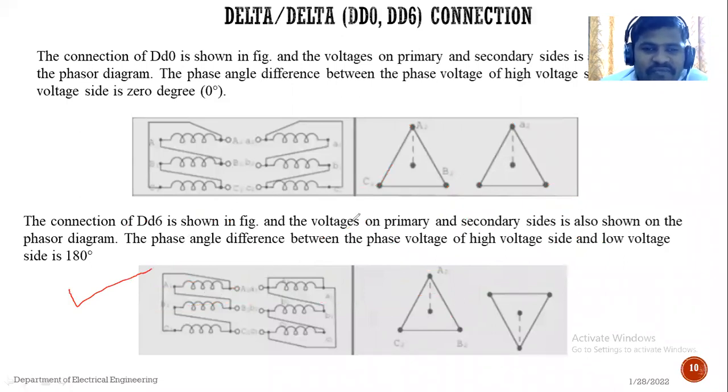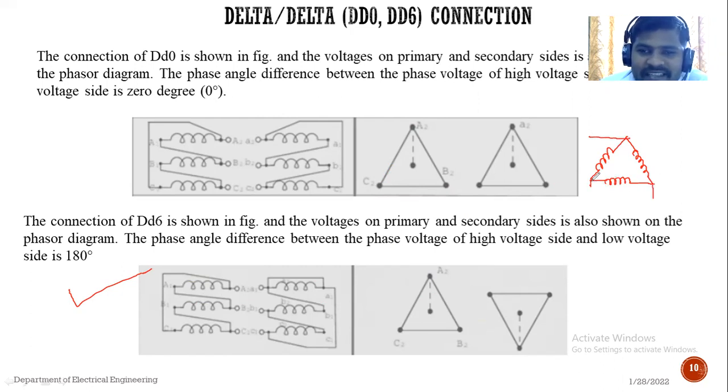Also the voltage of primary and secondary side is shown on this phasor diagram. See, do you know that delta connection is there? The windings are drawn like this. I can also draw them in the form of a delta. Suppose I am connecting this winding like this. Here, this one is the delta. This is the delta of the primary winding.